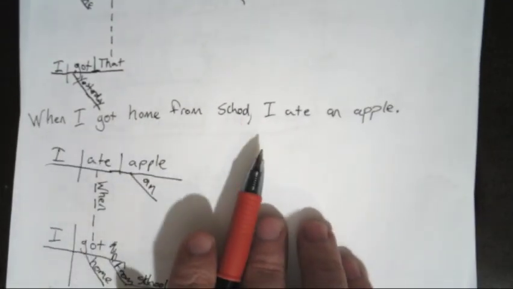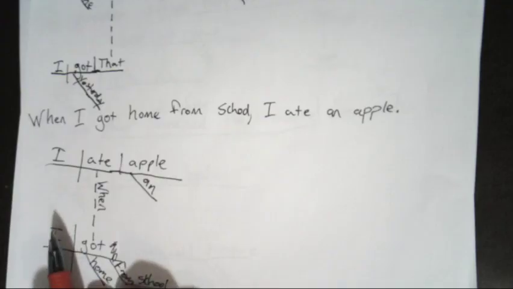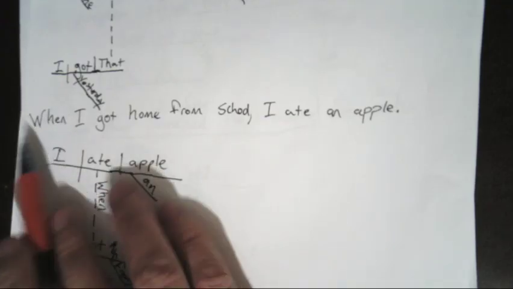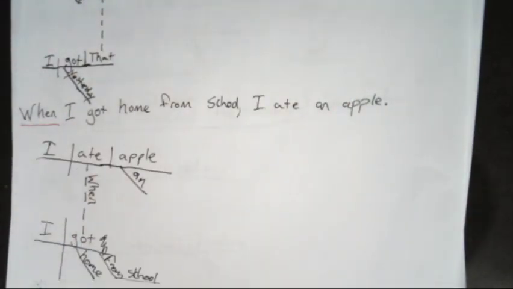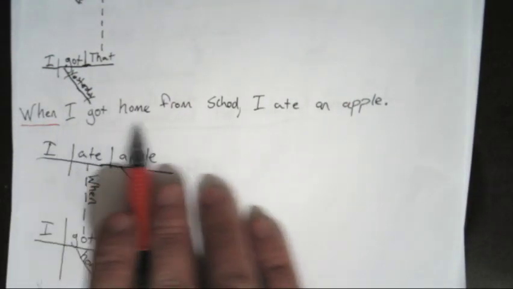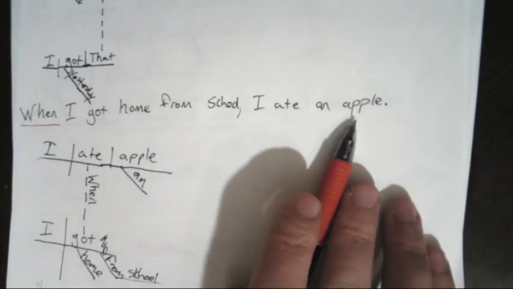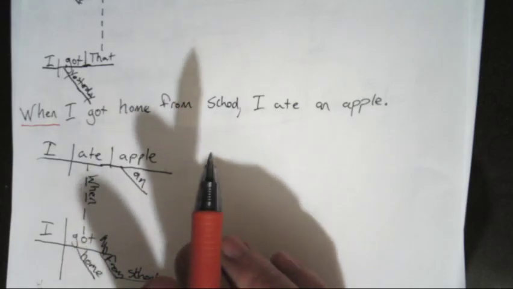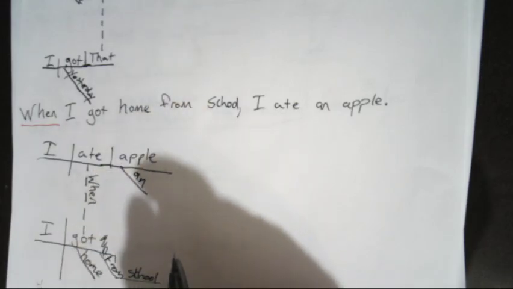When I got home from school, I ate an apple. Okay. Here we have what's called a subordinating conjunction. That's this "when." Subordinating conjunction. It connects "when I got home from school" and "I ate an apple." Right? Connects those two ideas. So it's a conjunction.